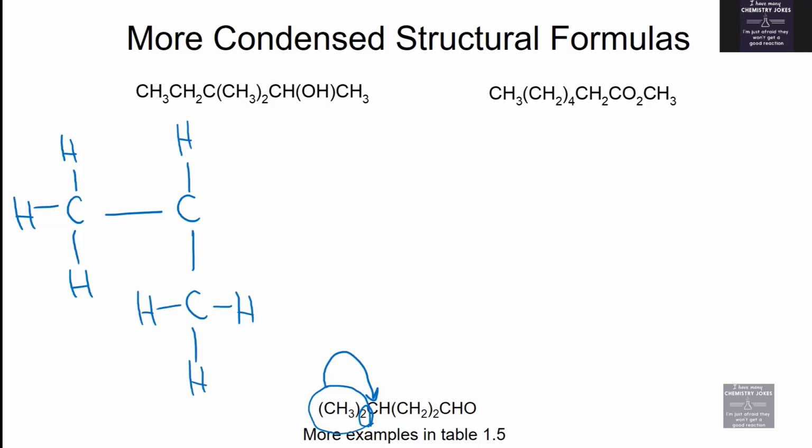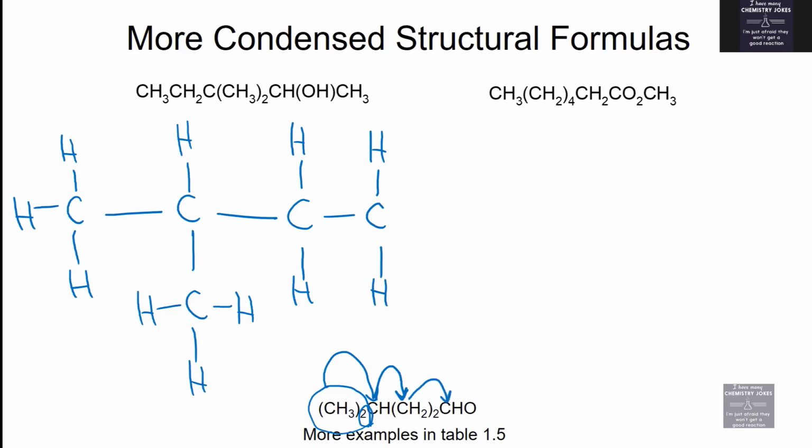So this C is that C. CH connected to 2 CH3s. And then I continue down the line, and this CH is connected to 2 CH2s. Well, CH2 means a repetition of CH2s.